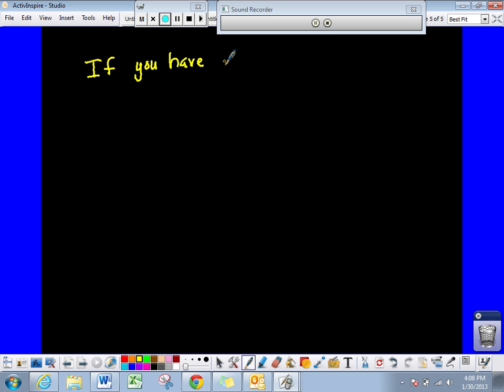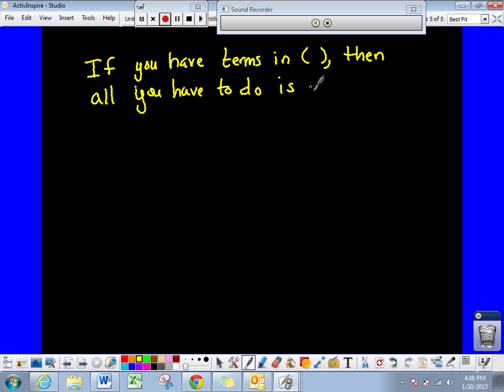And the last one. If you have terms in the parentheses, then all you have to do is change the sign. And that would be your solution.